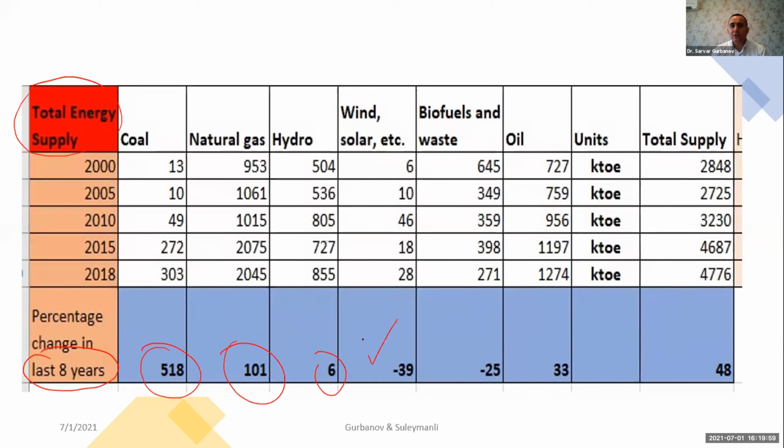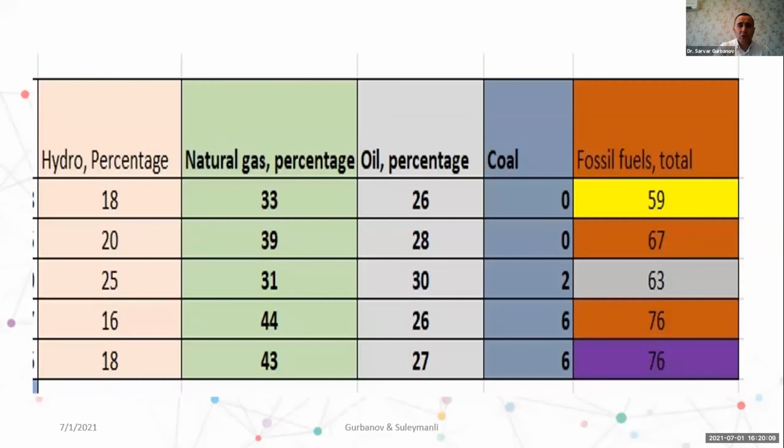And if you see wind, it goes down, biofuels and waste go down. Also, oil's share in the total energy supply goes down. Another issue is that in the last 8 years, the fossil fuels share is increasing in Georgia's energy supply.